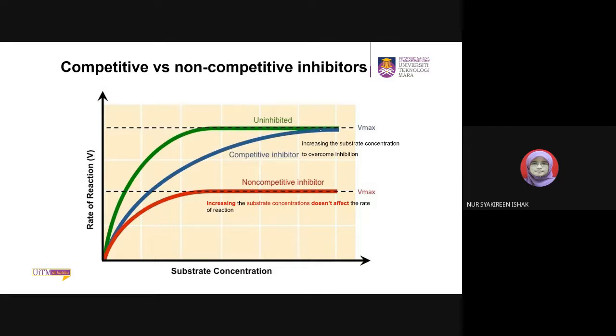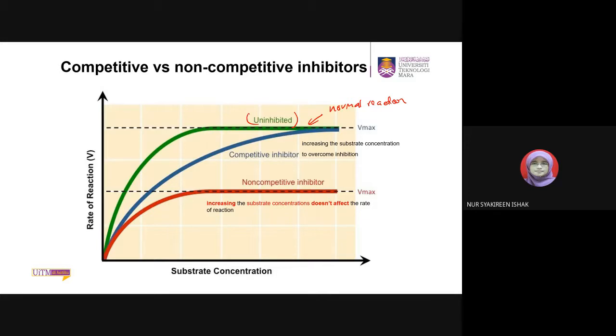The green graph, uninhibited. The green graph shows normal reaction, without the presence of any inhibitor. So as you can see, the reaction is really high, it occurs really fast and reaches the maximum velocity quickly.